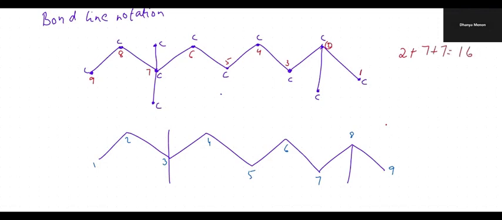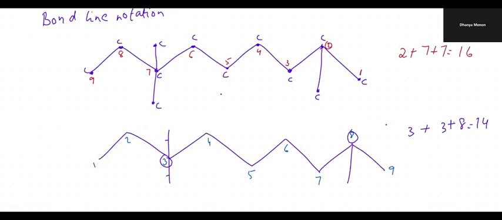Now, if you go to the next one, I have just numbered it in the reverse order. Here in the third position, you are getting one branching and another branching, right? So 3 plus 3. And at the 8th position, you are getting 1. So if you add up, what is the sum you're getting? 14. So which one would you prefer?